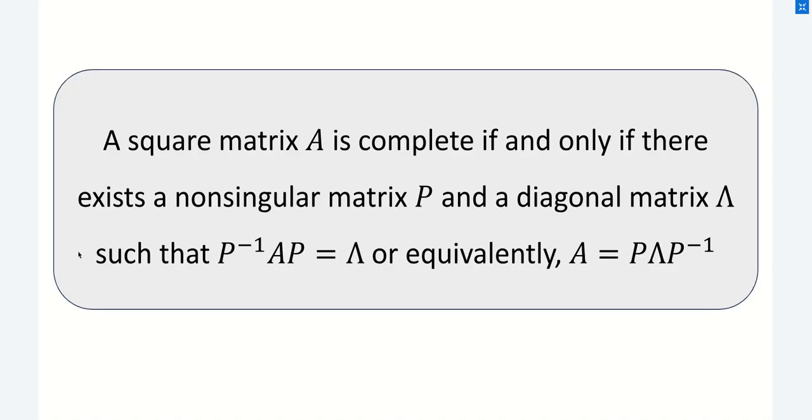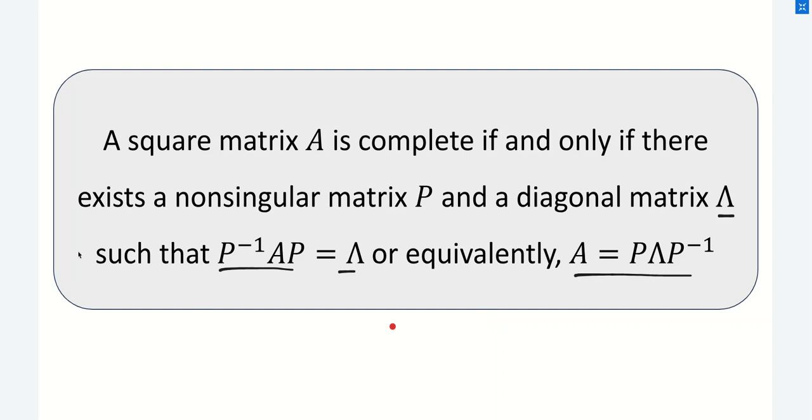All right. So we say that a square matrix A is complete if and only if there exists a singular matrix P and a diagonal matrix D such that when we multiply this, you can get this, or when you multiply this, you can get this.